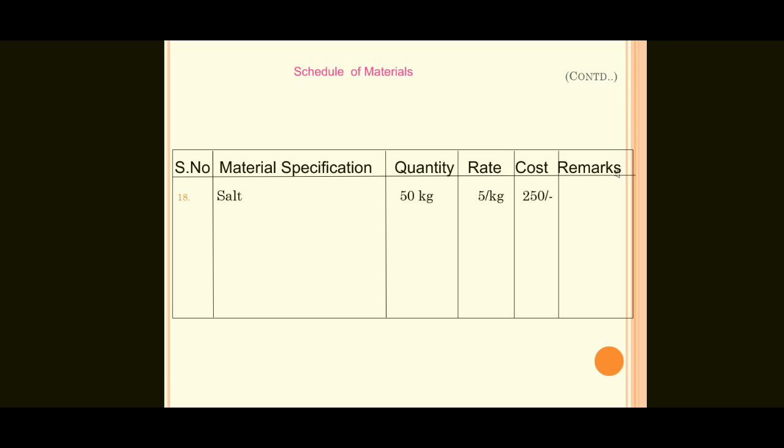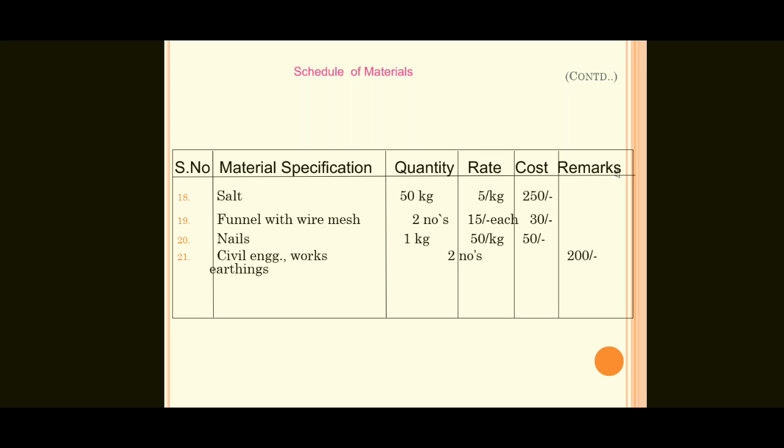Salt, 50 kg, 5 rupees per kg, the total cost 250 rupees. Funnel with wire mesh, 2 numbers, 15 rupees each, the cost becomes 30 rupees. Nails, 1 kg, 50 rupees per kg, so the total cost is 50 rupees. Civil engineering works, earthing, 2 members are required, so the total cost 200.